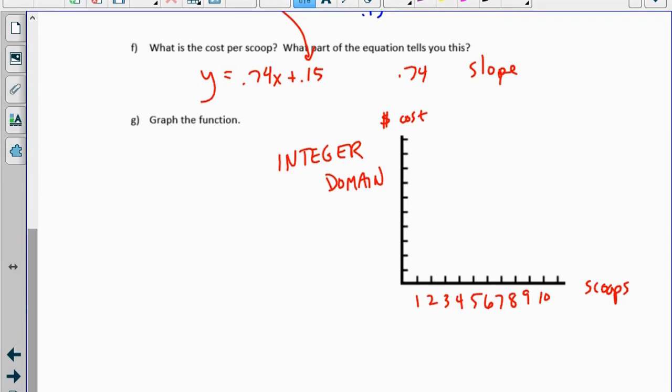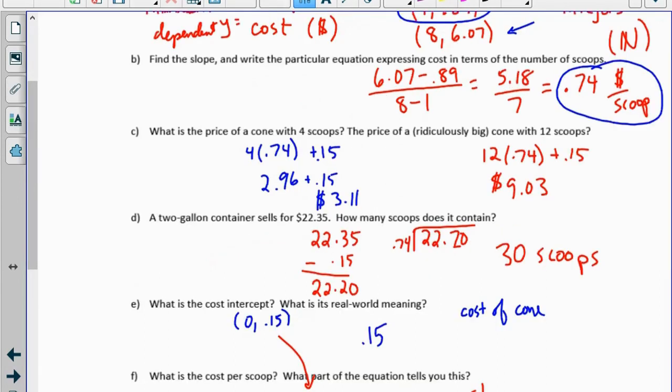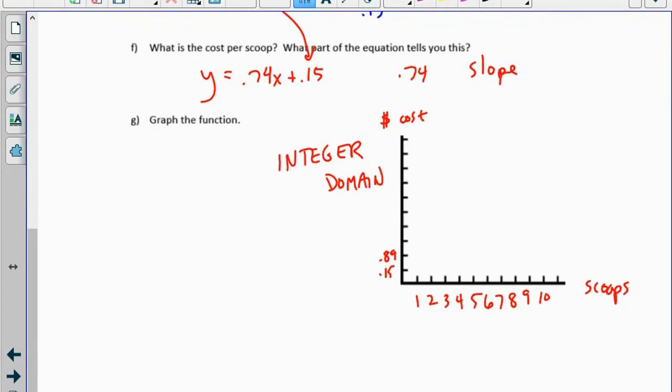Like I'm going to put 0.15, 0.89, and then I had a $6.07 thing up here. And I could actually add by 74 every time, but I'm not going to spend the time doing that. So 1 comma 89 and 8 comma 607. And that's kind of what the graph looks like.